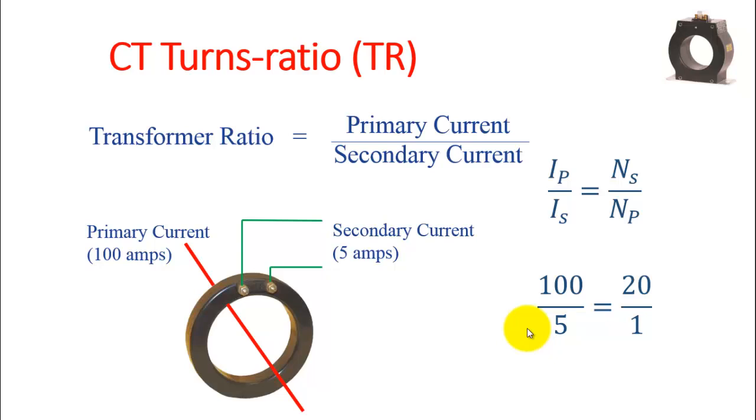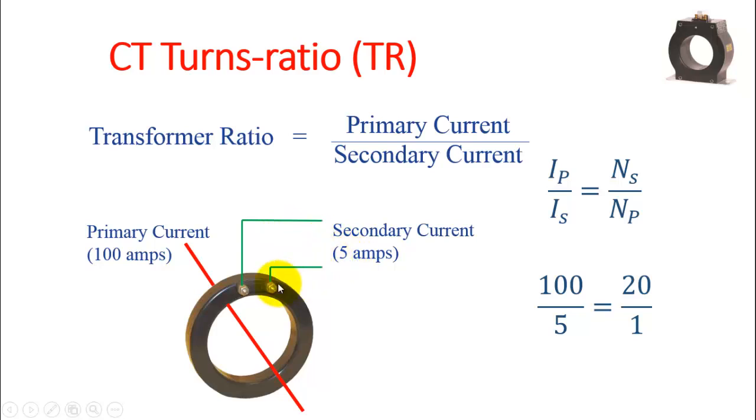So let's talk about the CTR or CT turns ratio. This is the equation for current and turns ratio. Primary current over secondary current is equal to the secondary turns over primary turns. Let's say that we have a 100 over 5 ratio CT.